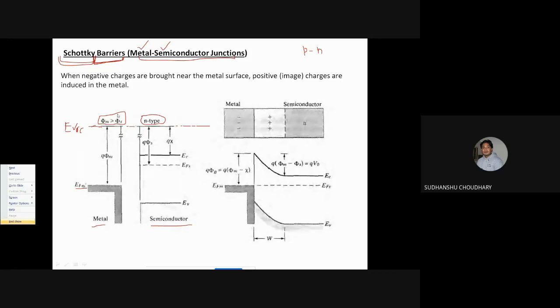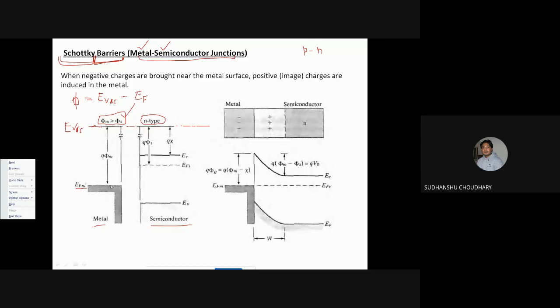So in a Schottky contact, we have considered that the work function of the metal is greater than the work function of the semiconductor. Okay? Work function is the energy difference between the vacuum energy level and the Fermi energy. That is, the work function is given by E vacuum minus the Fermi level.